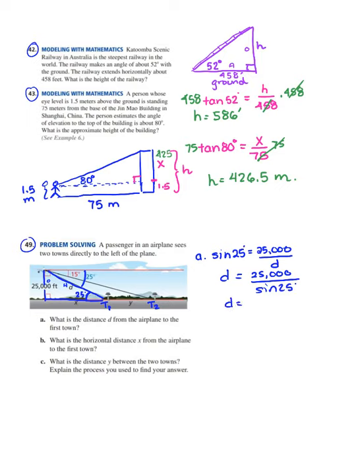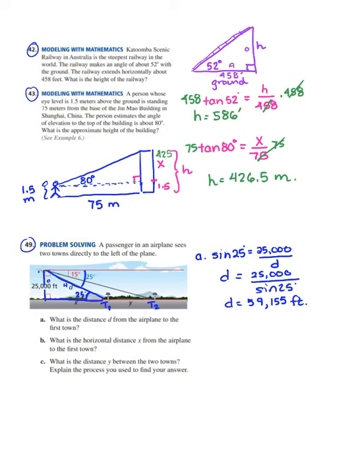And we go to our handy dandy calculator, divided by sine 25, and we get 59,155. We talking feet here? Yes, feet. All right, awesome. Okay, so that was A.